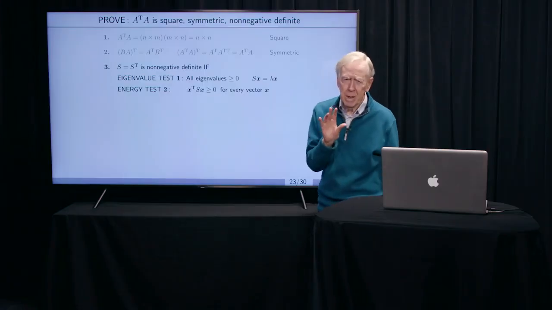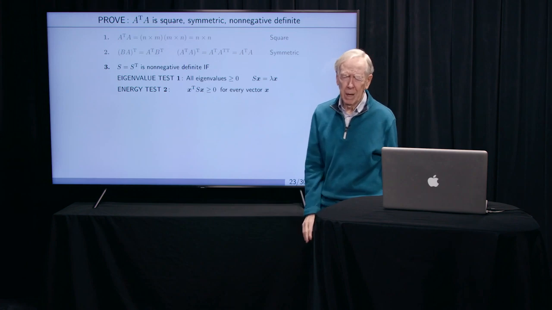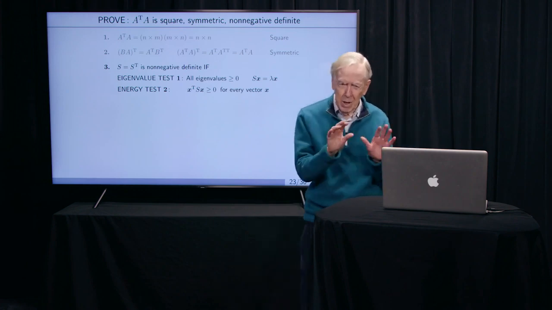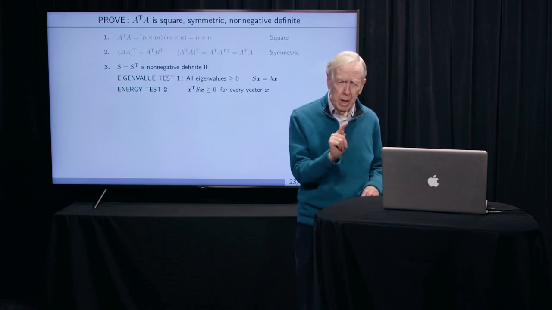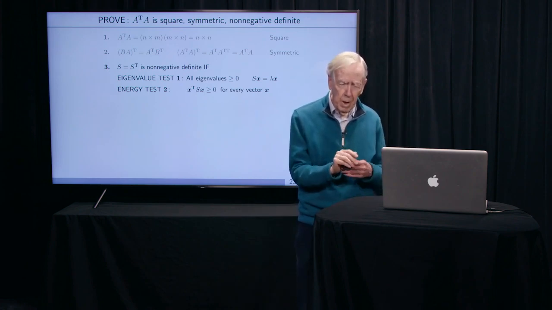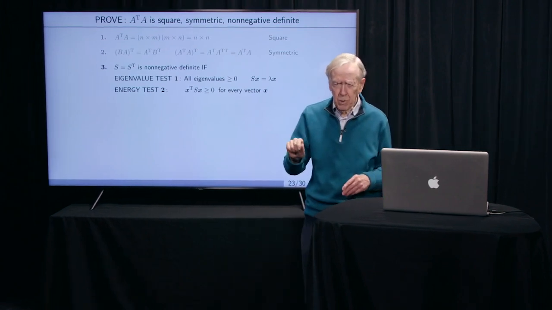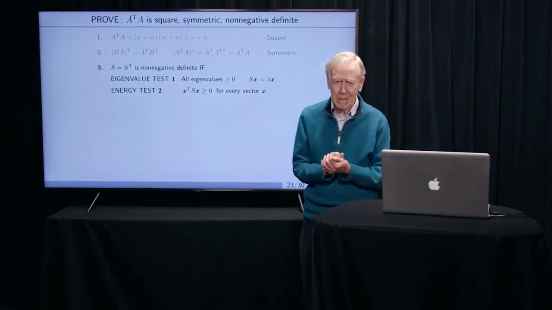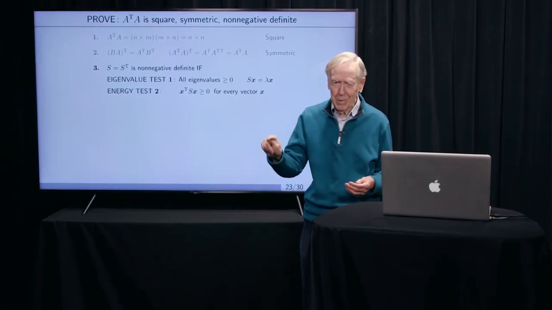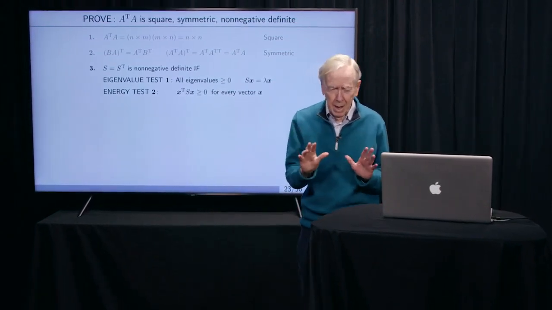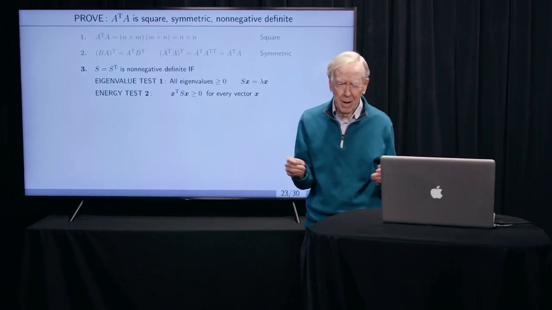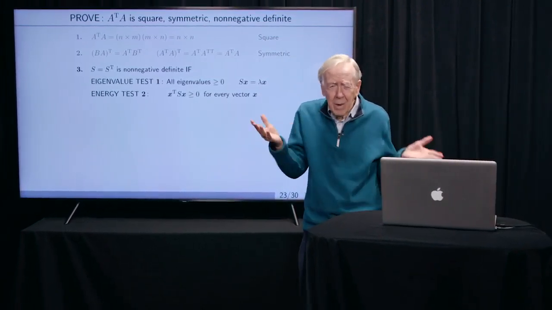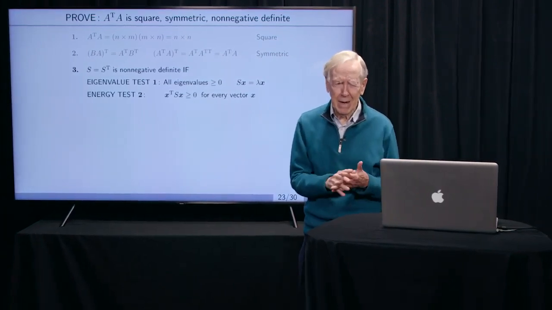So A transpose A is the matrix that I'm going to use in the final part of this video to achieve the greatest factorization. Q lambda Q transpose was fantastic. But for a non-square matrix, it's not. For a non-square matrix, they don't even have eigenvalues and eigenvectors.